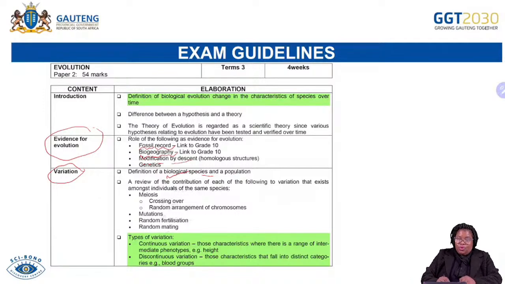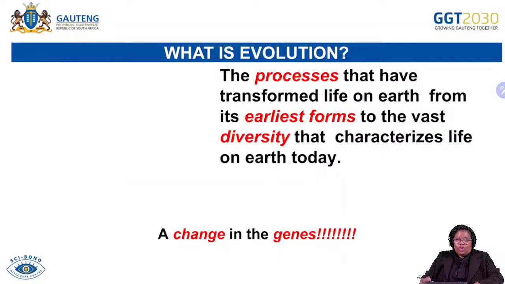With continuous variation, we're looking at a characteristic where there is a range of intermediate phenotypes, like height. Height is an example of continuous variation. And then for discontinuous variation, an example is blood group. So this document, you need to use it on your daily basis for all the topics.